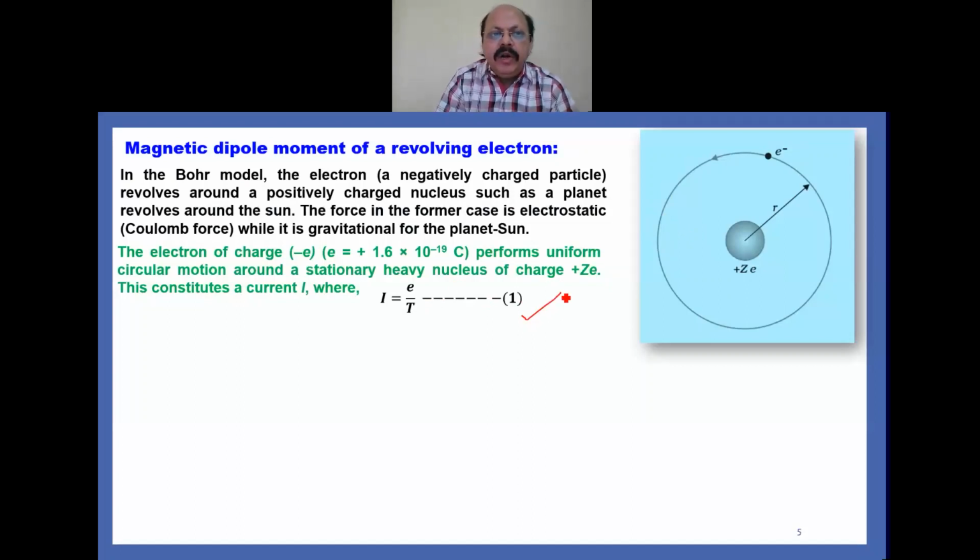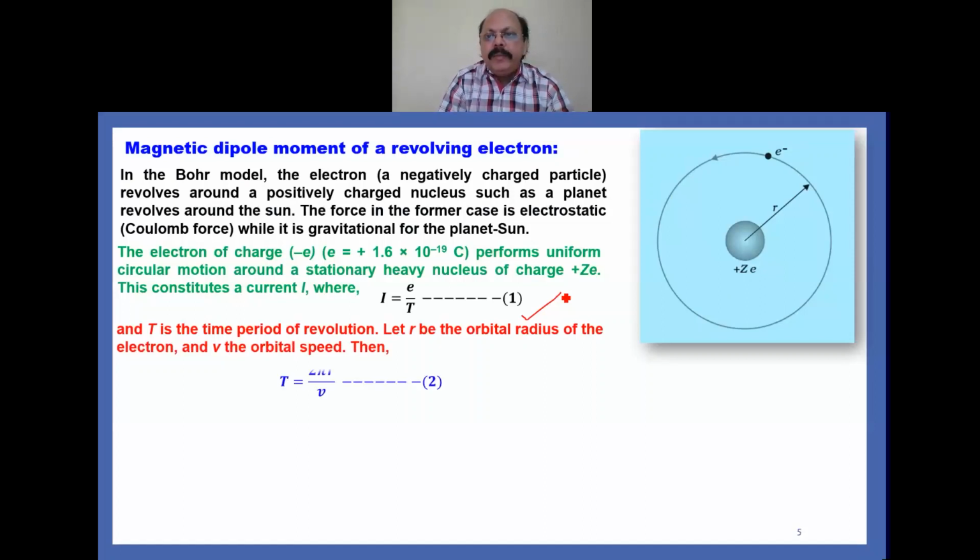Time period T equal to 2 pi r upon v, as the electron is revolving with linear velocity v. Mark this equation number 2 and substitute the value of T in equation number 1. Then equation 1 becomes I equal to ev upon 2 pi r.